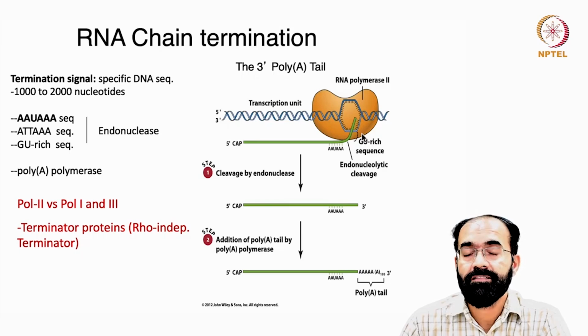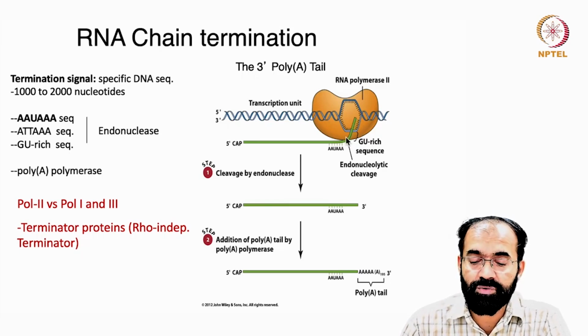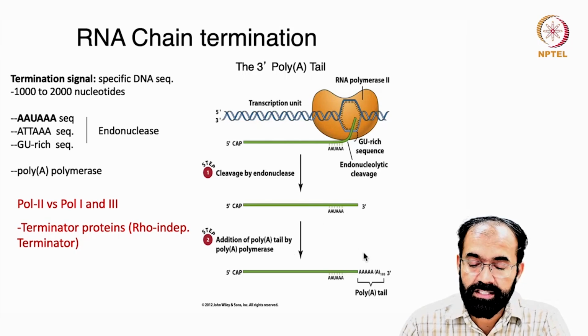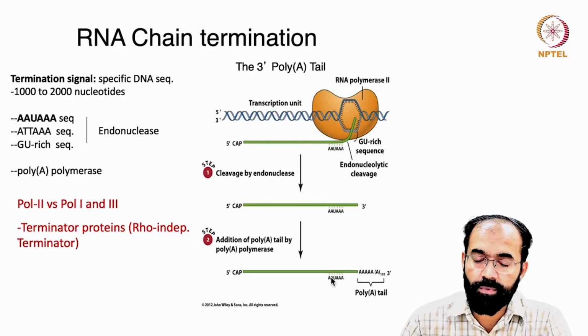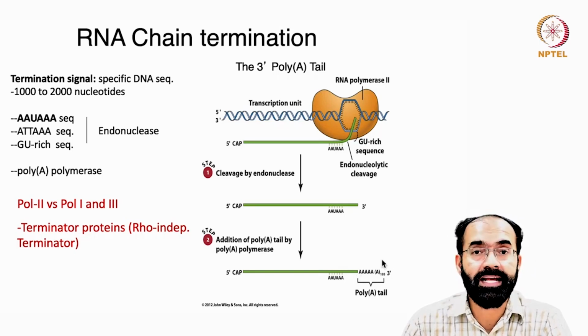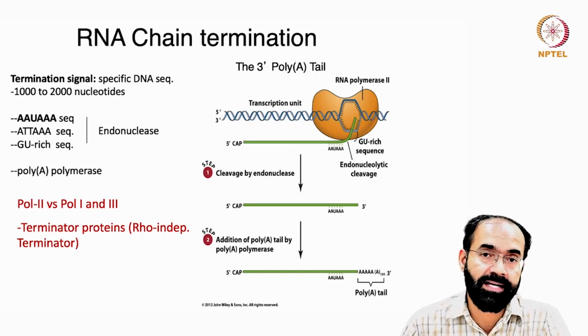The GU rich sequence will prevent further movement of this transcription bubble, and as soon as the RNA is cleaved, it has to be recognized by the poly A polymerase. The AAUAAA, that is the poly A signal, is recognized by the poly A polymerase, and it will add a poly A tail. Remember to distinguish between poly A signal and poly A tail.